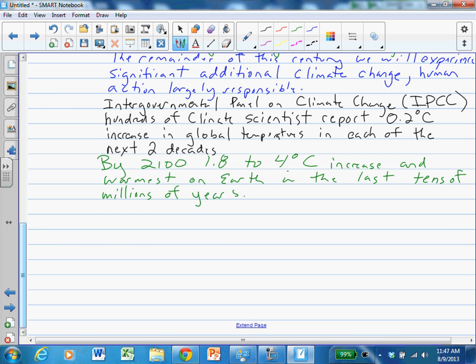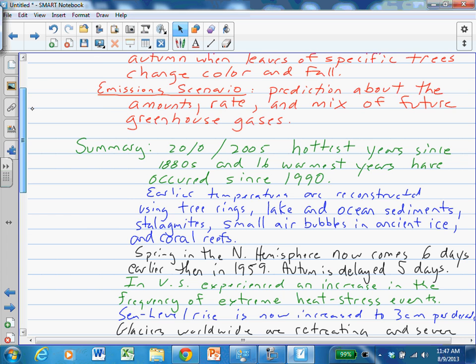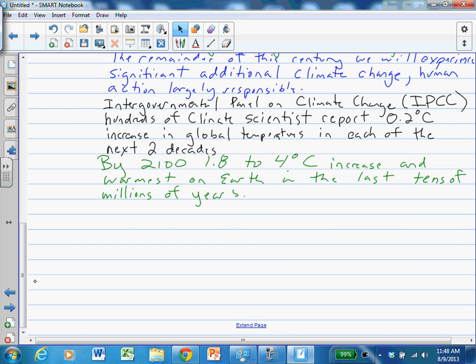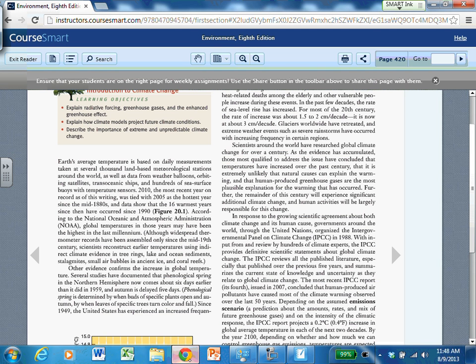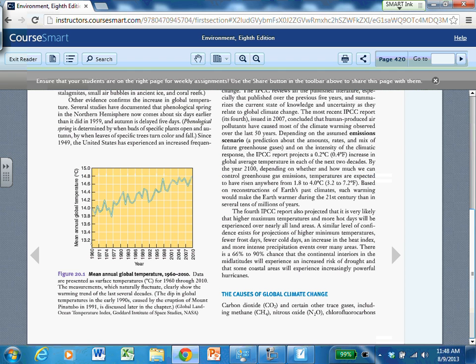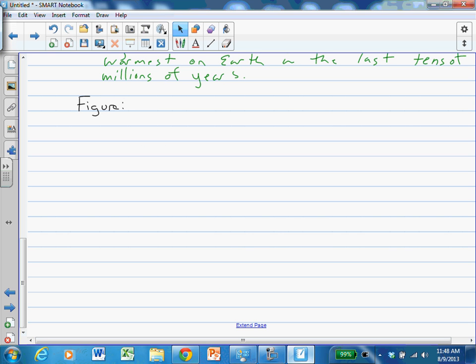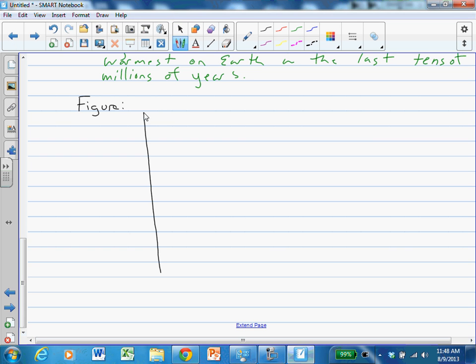Okay, so that's a summary and the definition. And now I'm going to place a figure in there. We see the figure is showing the mean annual global temperature versus the year since 1960. And it doesn't have to be specific and exact.